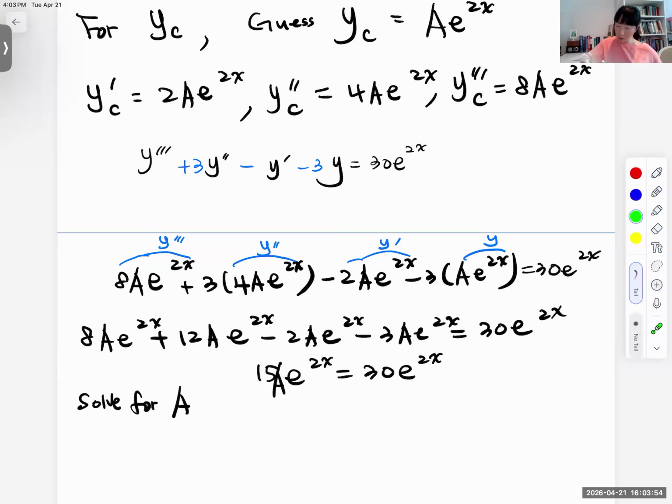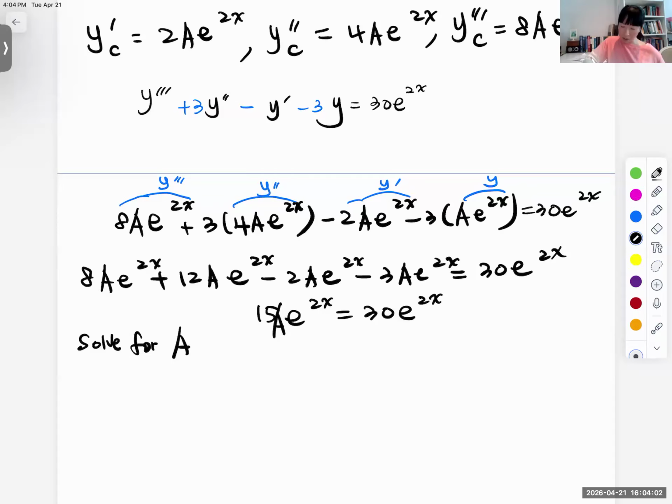Okay, then once again, we divide by e to the 2x on both sides, then it's 1. So we have 15a equal to 30.